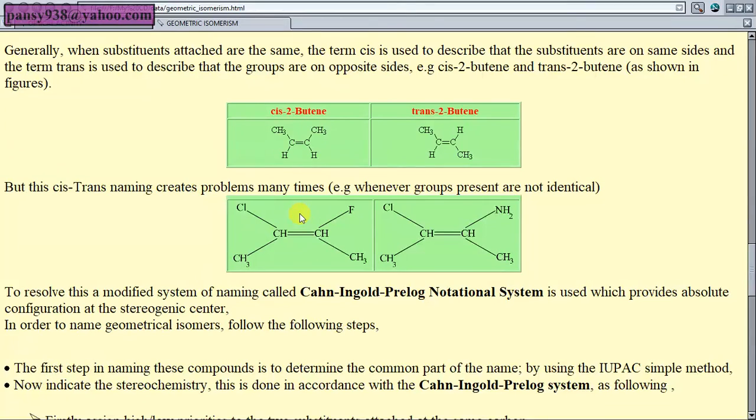Hope now you understand how to name geometric isomers, what the Cahn Ingold Prelog notation is, and even what geometric isomerism is. We will continue our stereochemistry topic in our coming lectures. Thank you.